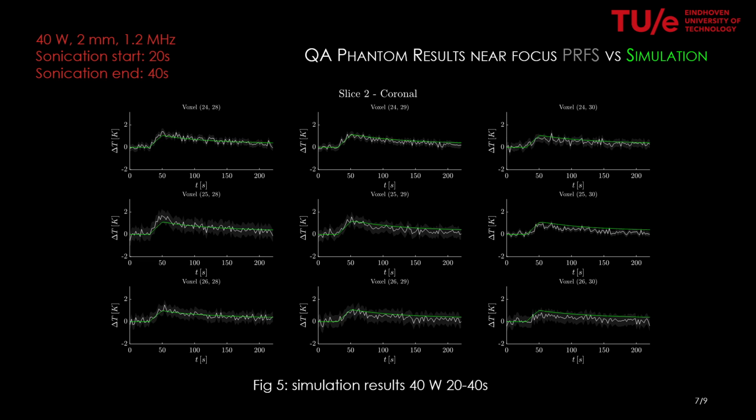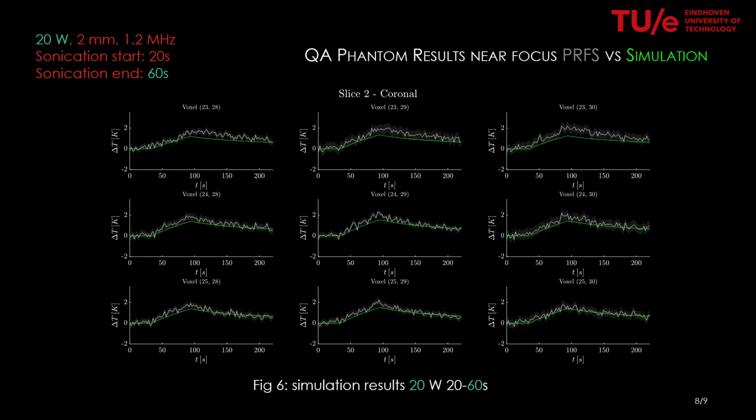These are the graphs of the PRFS and simulation for the same 40 watt experiment still. The gray shading indicates a 95% confidence interval, which is calculated by using the measurement error of the 20-second preheating period. The simulation and experiment match up quite okay for this particular setup.